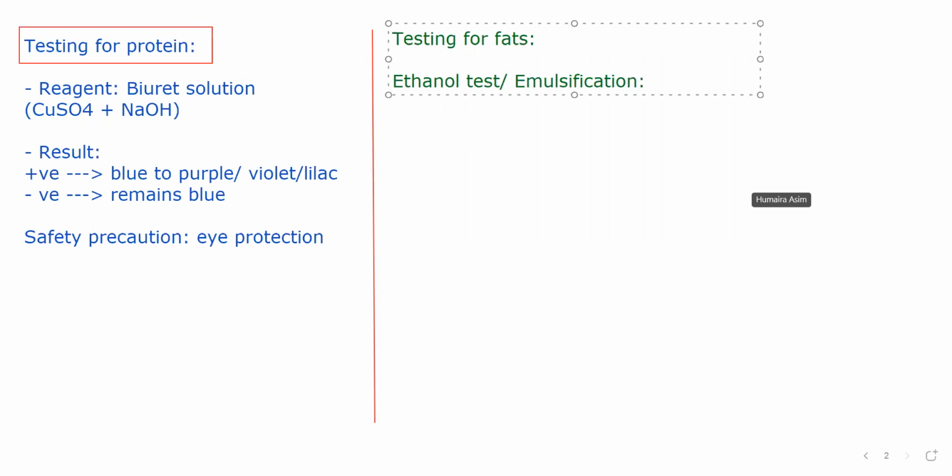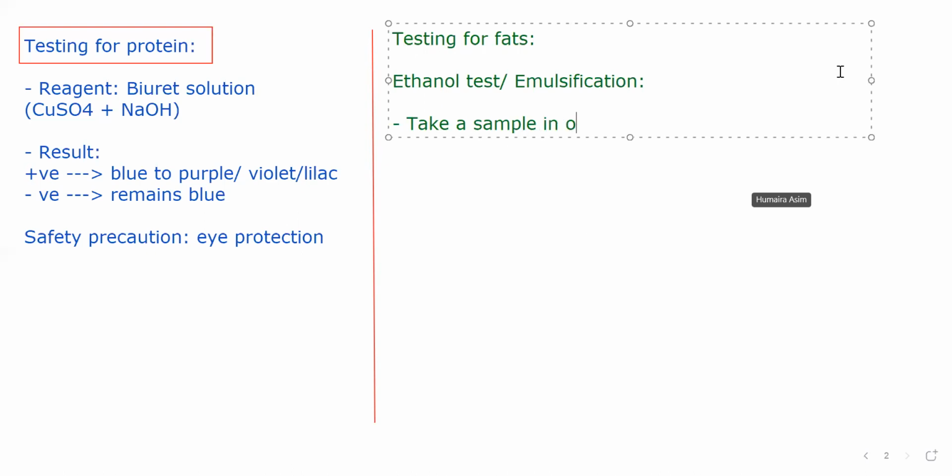So testing for fats, what are we going to do? Of course, we are going to take a sample first. Take a sample in one test tube and dissolve it with ethanol.